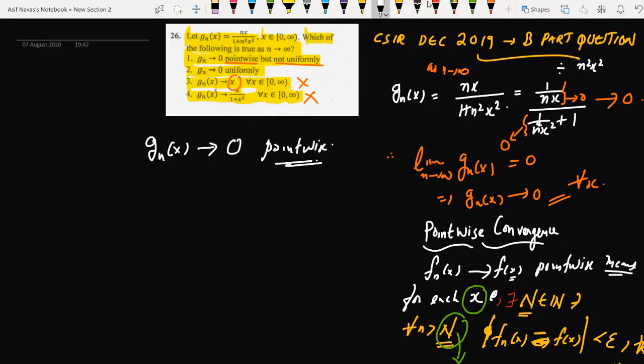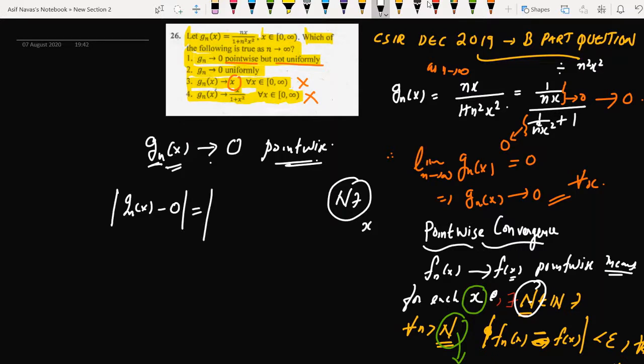Now if this converges uniformly, then we can find an N such that this N doesn't depend upon x and g_n(x) converges to 0. So what is |g_n(x) minus g(x)|, with g equal to 0? This is the modulus of nx divided by 1 plus n squared x squared, minus 0.